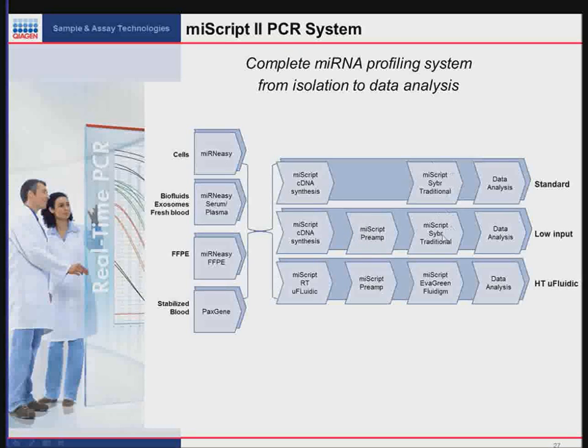For either of these in a traditional PCR machine, we use our standard SYBR Green master mix and our free online data analysis tool. I mentioned before that we're using the Fluidigm platform. We have a specific RT that's optimized for the Fluidigm platform, preamp for the Fluidigm platform, and EvaGreen master mix, which is great on the Fluidigm platform, and the data analysis tool will work as well. So whether you're looking at 96 or a million data points at a time, we've got you covered.